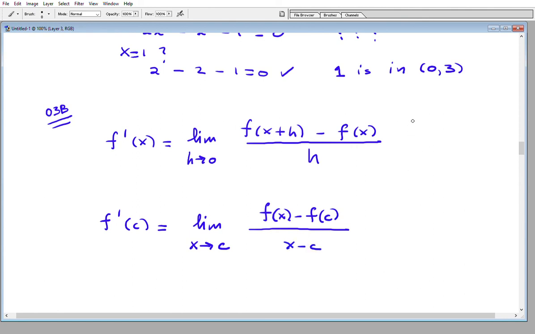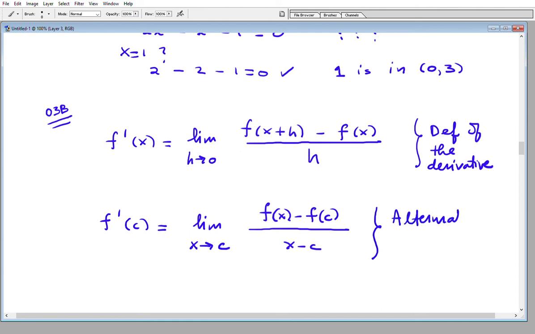Usually we call one the definition of the derivative, and this one is usually referred to as the alternate definition of the derivative.